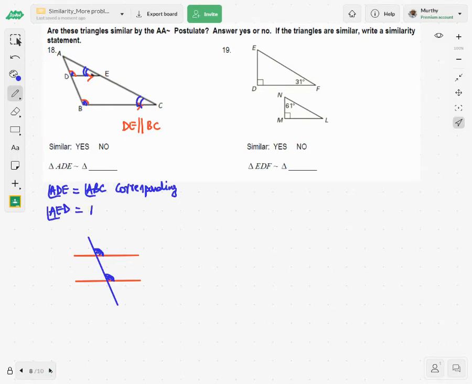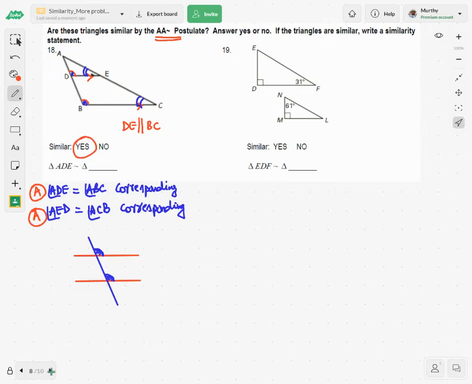These are also equal for the same reason, that is, corresponding angles are equal. Therefore, angle equals angle and angle equals angle. Therefore, by AA similarity, by the AA postulate, are they similar? The answer is yes.